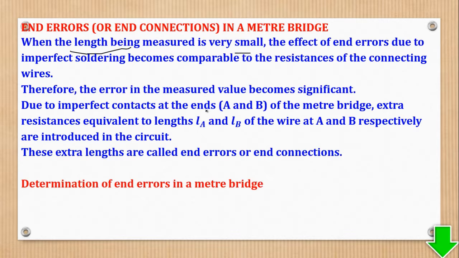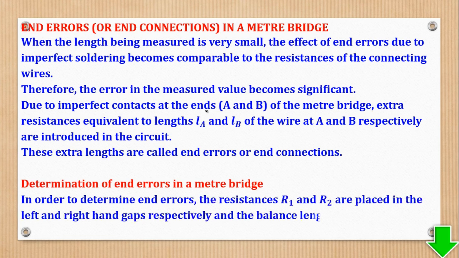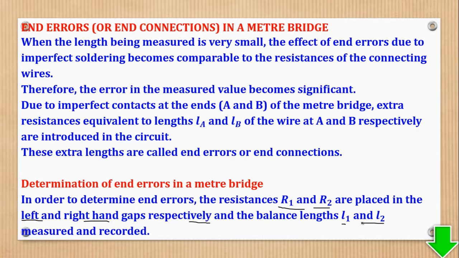So how can you determine these end errors? In order to determine the end errors, the resistances R1 and R2 are placed in the left and right hand gaps respectively, and the balanced lengths L1 and L2 measured and recorded.